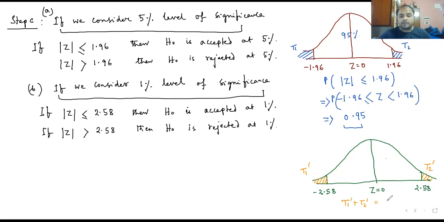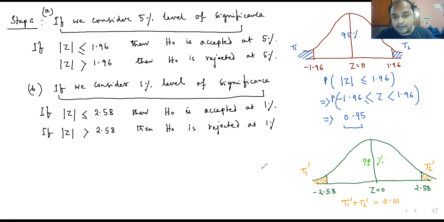is actually 0.01. And the confidence interval, that means whether the data is falling inside the region from minus 2.58 to plus 2.58, this will give you 99%. This chance is 99%. So this is 99% confidence interval. You are 99% sure that your data is going to fall inside this particular region.